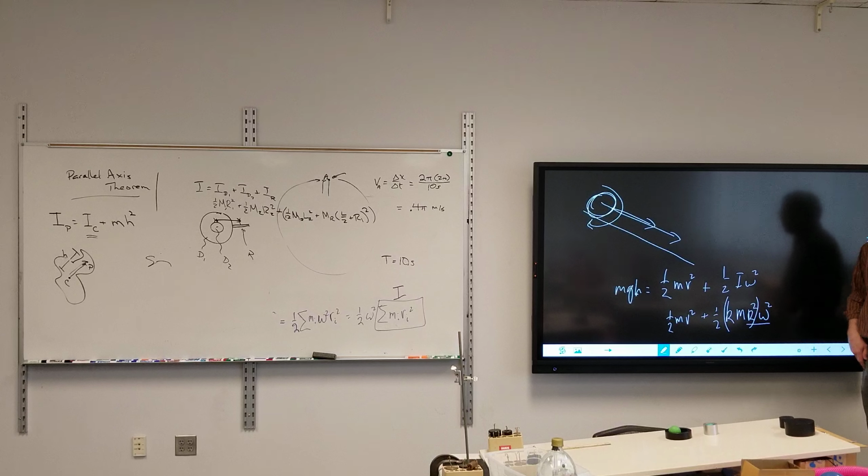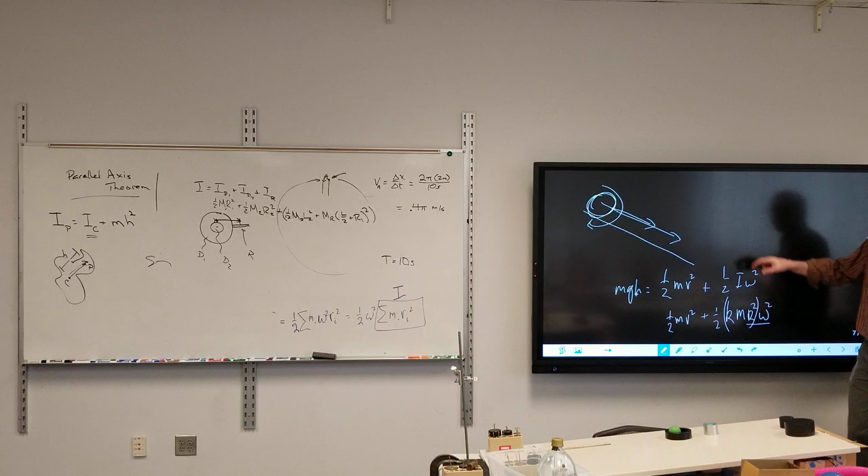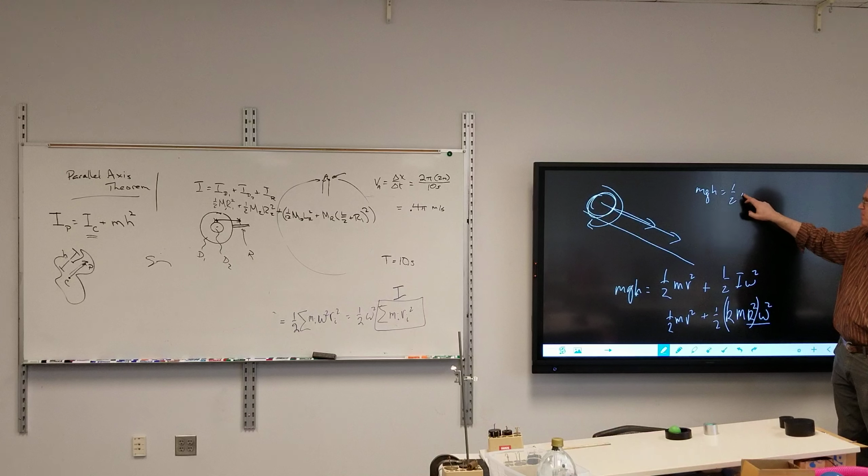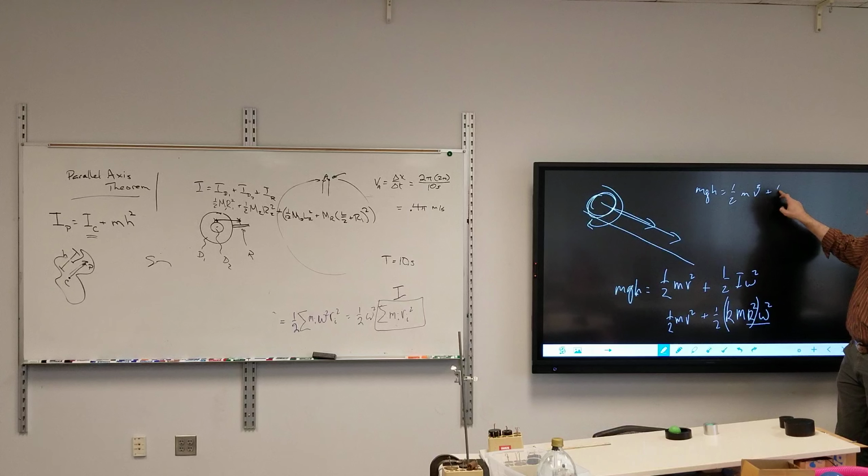I have an r squared omega squared here, that's just the speed of this object. So v equals omega r. If I plug in v for that, I have mgh equals 1/2 mv squared plus 1/2 k mv squared.